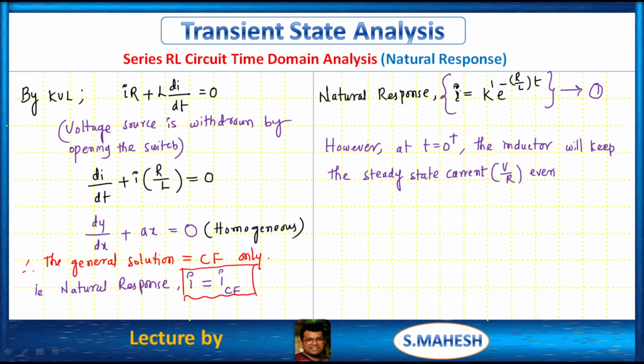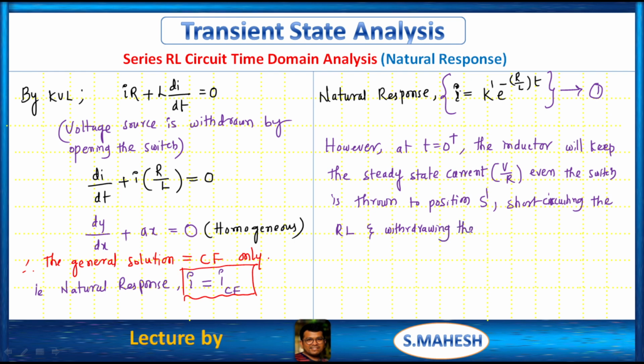Obviously we have V by R. Even when the switch is thrown to position S dash, which is nothing but short circuiting the RL and withdrawing the voltage source.